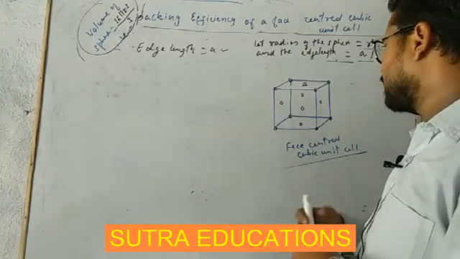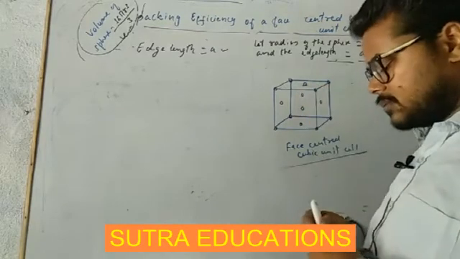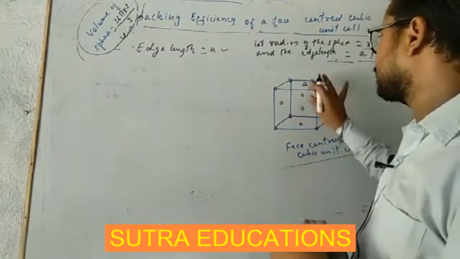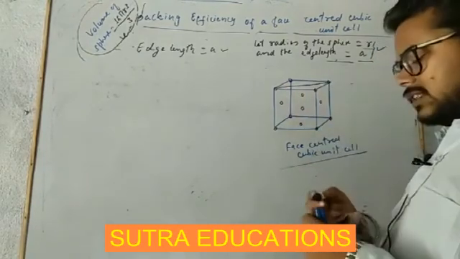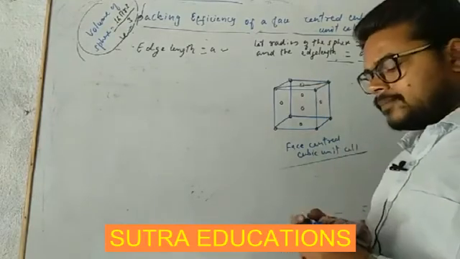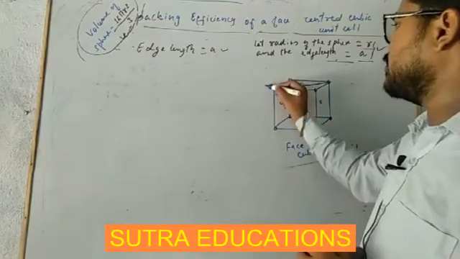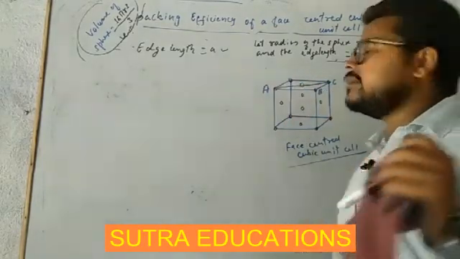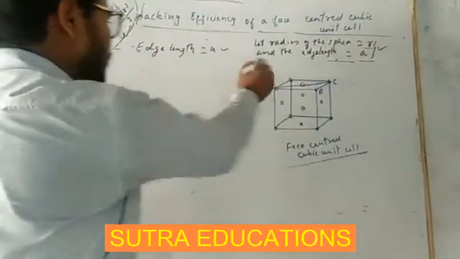This is the face diagonal, and name this as ABC. A B C. Again come to triangle ABC, the right angle triangle ABC.